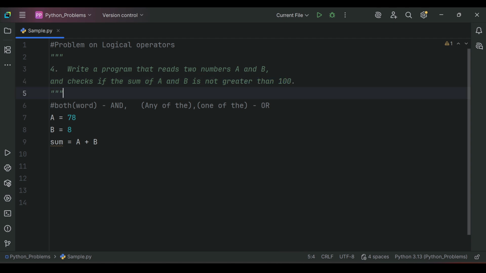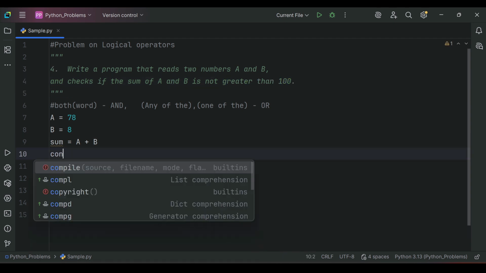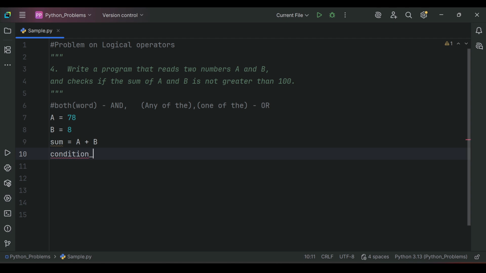First, he is asking greater than 100. Then condition is equal to sum greater than 100. Suppose first I check the given condition.